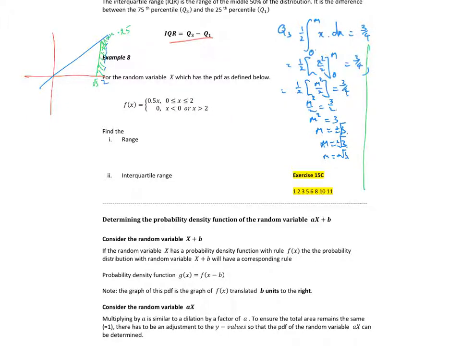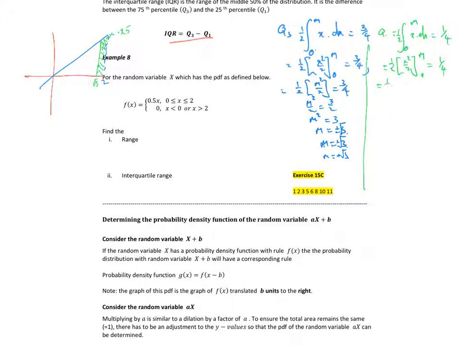So now, if I want to find Q1, which is equal to from 0 to m of 1/2 x dx, but this time equal to 1/4. See, everything's very similar, isn't it? It's a half. The only thing that changes is it's 1/4 on the right-hand side.